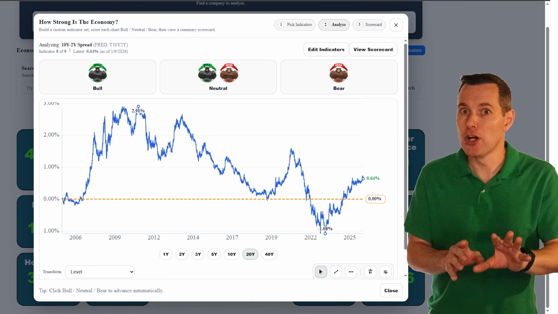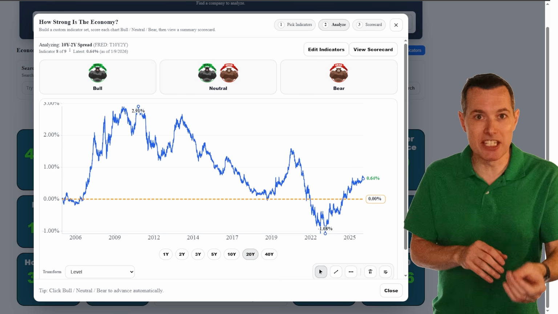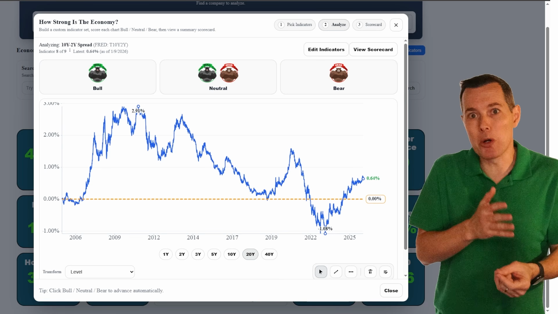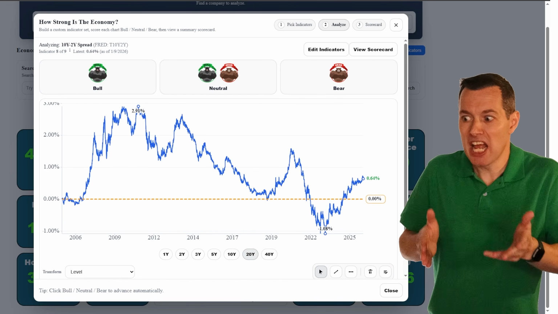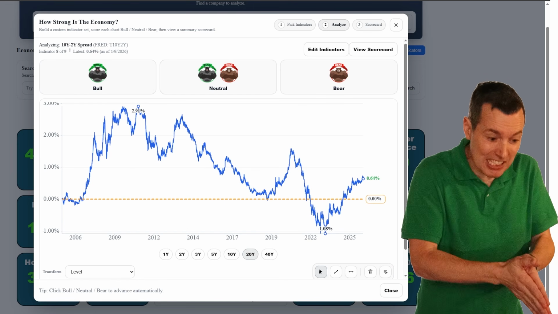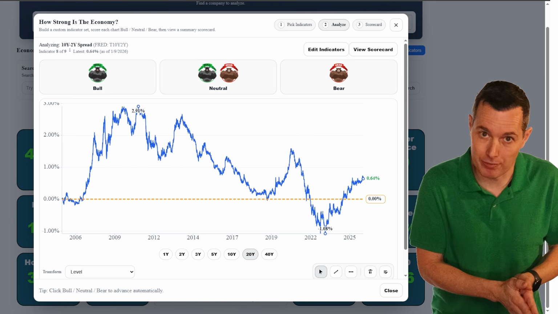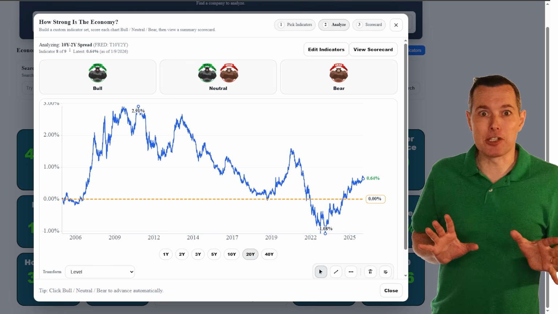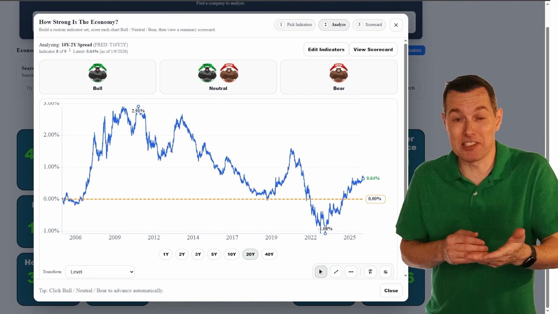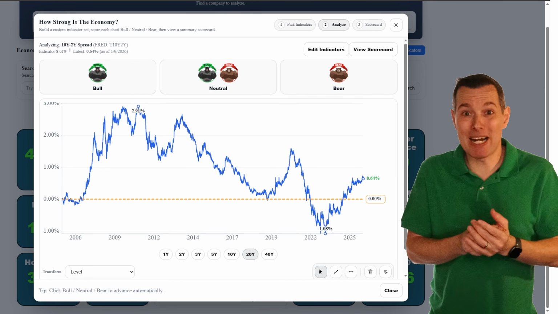Now, I will point out, not every inverted yield curve leads to a recession, but for the past 100 years or something, every recession has been preceded by an inverted yield curve. Right now, the yield curve is positive. That's a good sign. But it was recently negative. That's kind of a bad sign.